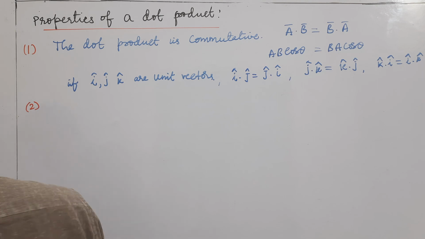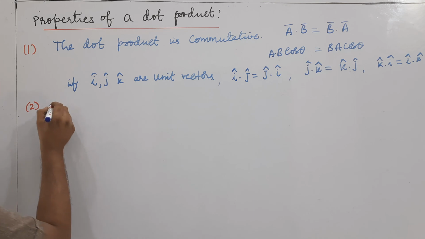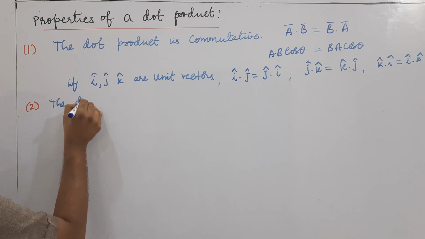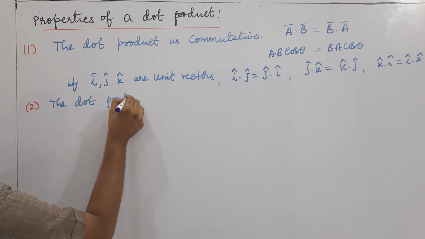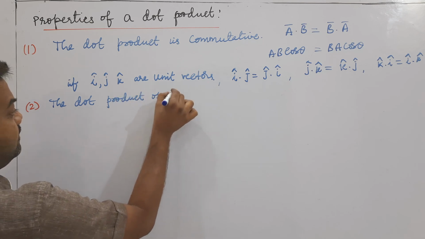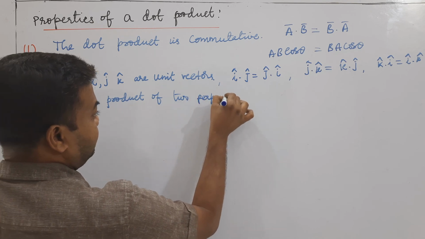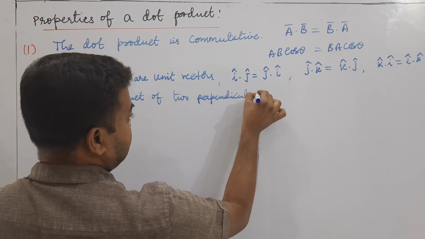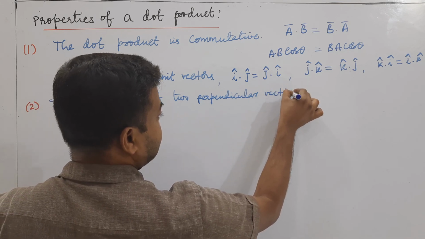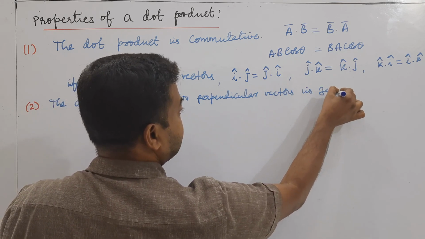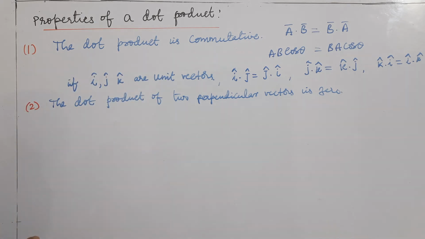And the second one: the dot product of two perpendicular vectors is 0. If a bar and b bar are perpendicular, means the angle is 90, then the dot product is 0.